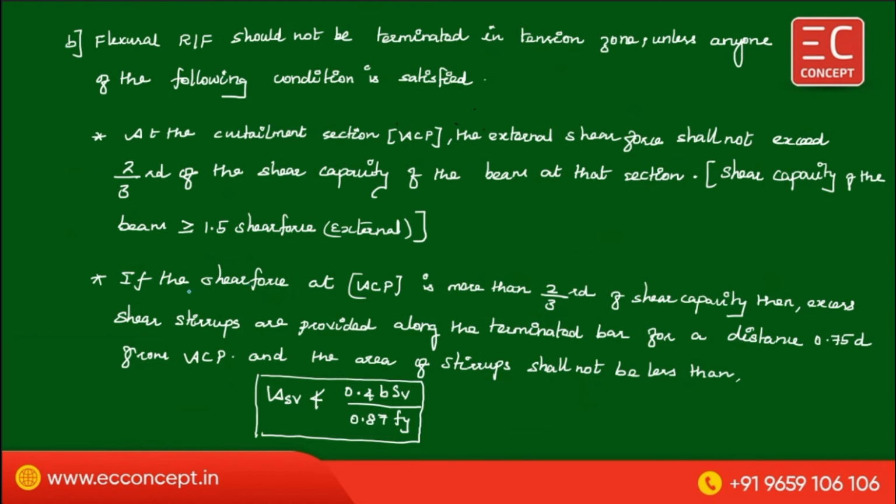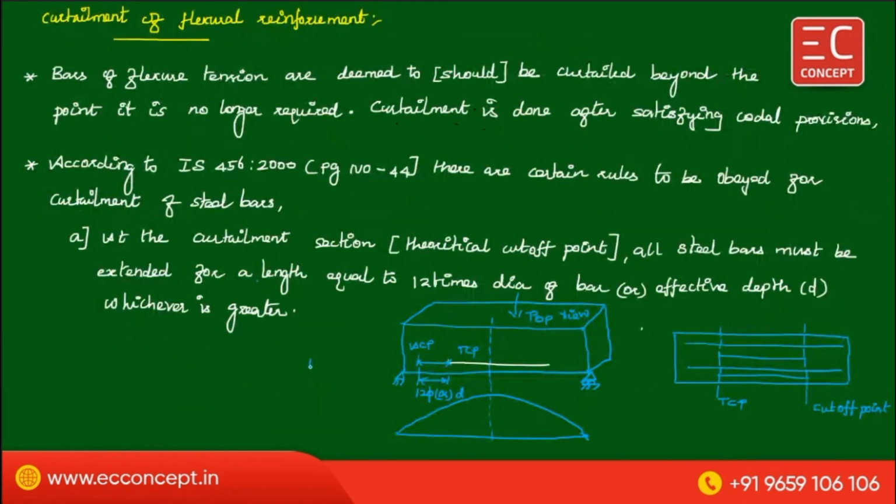Suppose the shear force at the actual cutoff point is exceeded. In the last case we have seen 100 is the shear capacity, two-thirds of 100 is 66.67, that is the limit for external shear force.